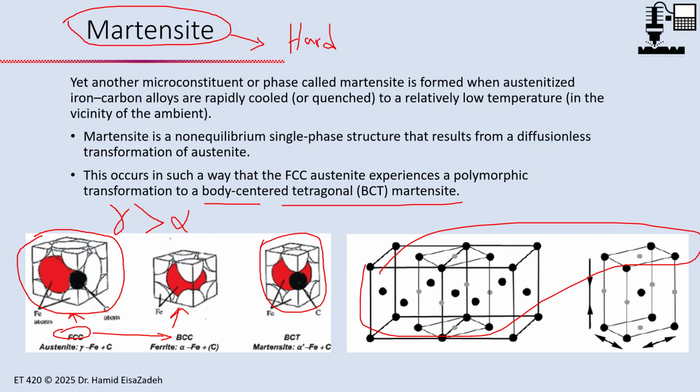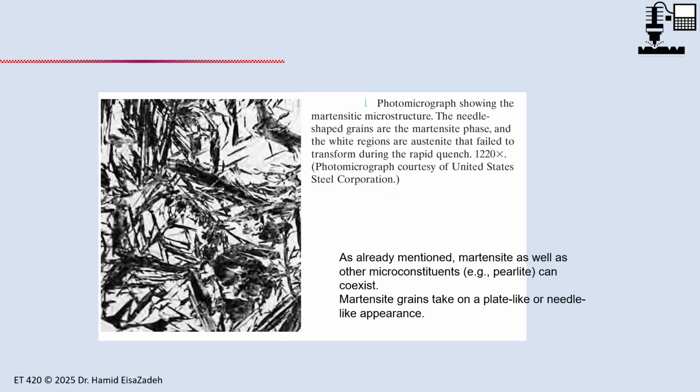It's not a soft material similar to this phase. This micrograph shows the martensite, which has a needle shape. And these are in random orientation. As you see here, they are in random directions.